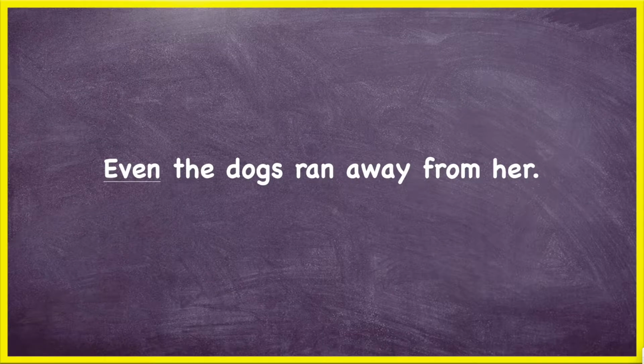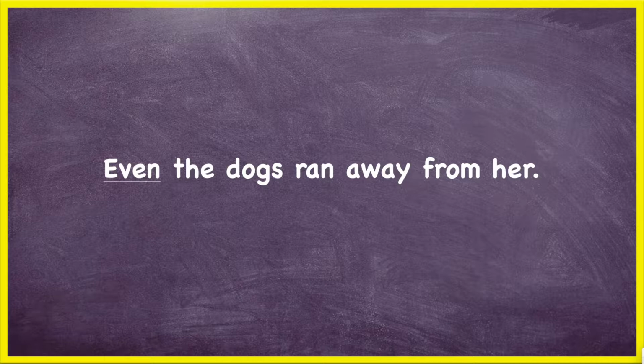Even the dogs ran away from her. So again, you might expect the dogs to be an exception, right? You might say everyone ran away from her, and the other person might say, well, okay, all the people, you mean?